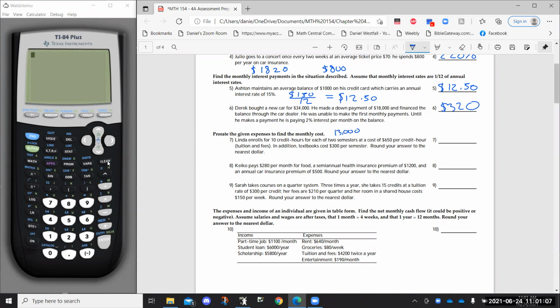In addition, textbooks, $300 a semester, that's another $600. So we've got up to $13,600. We need to divide that by 12 to get the monthly cost. 13,600 divided by 12 should give us $1,133.33.